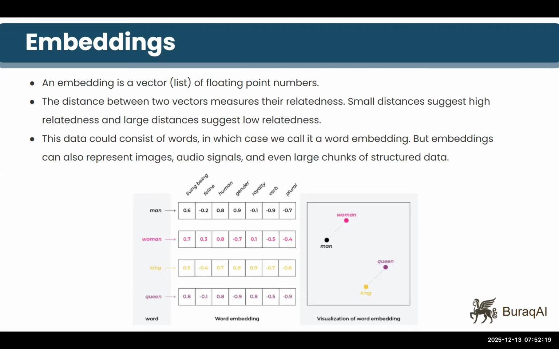So let's say you have a word or a sentence, and you pass it into a machine, or a black box, an embedding model, which is trained to generate a set of floating values, which is called a dense vector.